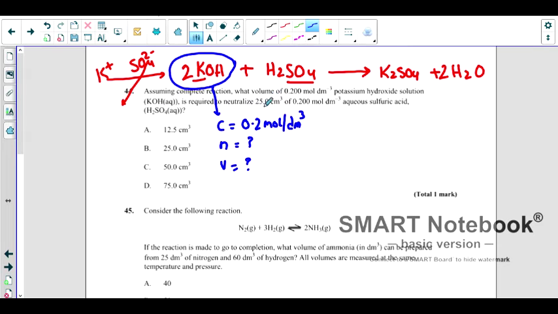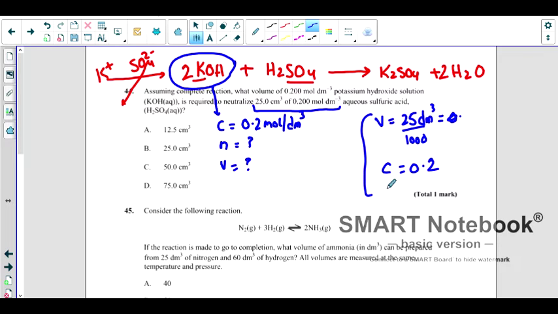But look at the other side, we have both things. We have the volume, which is 25 centimeter cube, and we divide by 1000, so it becomes decimeter cube. And we also have the concentration, which is C, 0.2.